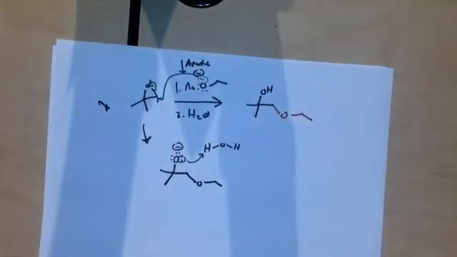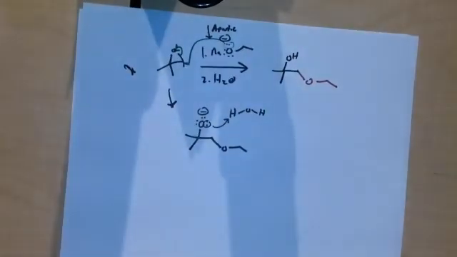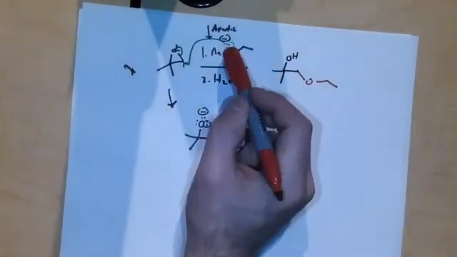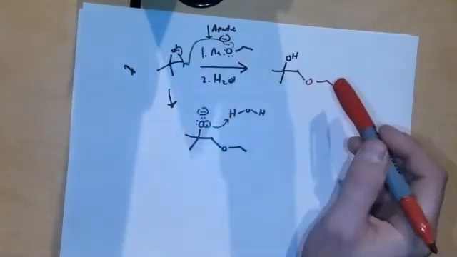So essentially, oxygen comes in, does an attack on a less substituted center, opens our epoxide. We can do this with a whole bunch of different reagents.